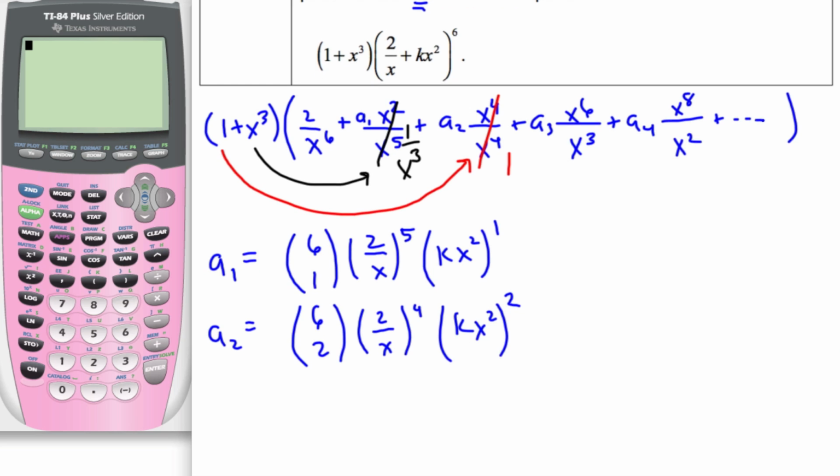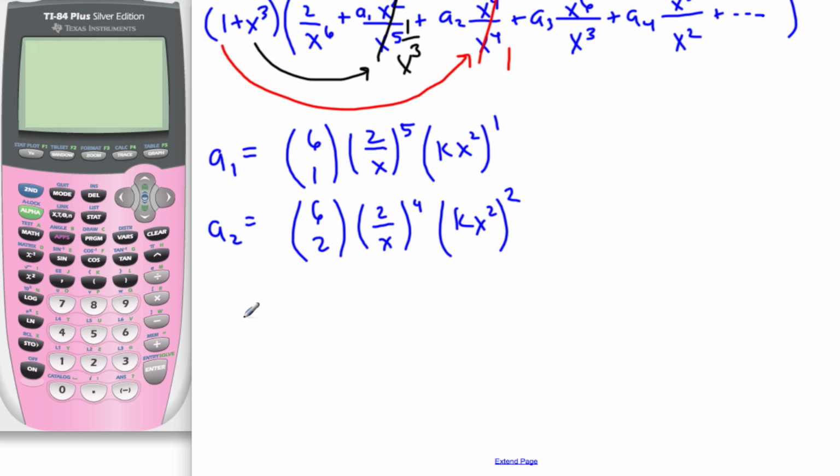So now, a1 plus a2 should equal 1584. So 6 choose 1 is 6. And then we have 2 to the 5th, which is 32, k. Plus, we could ignore the x's because we know that it's just going to cancel and end up with 1 over x cubed, which will cancel with this x cubed.